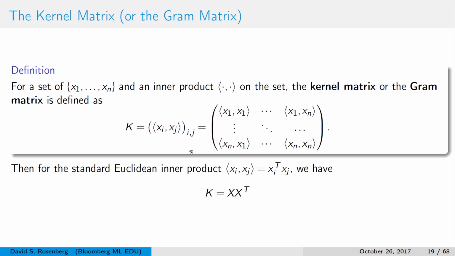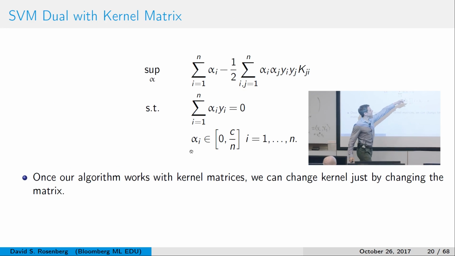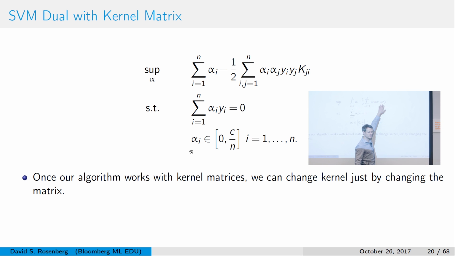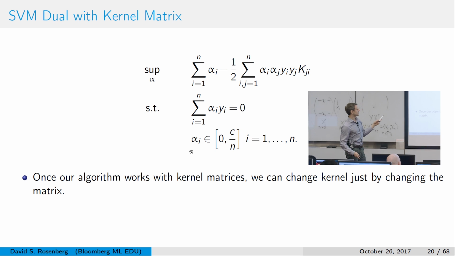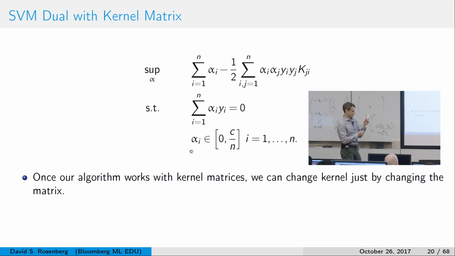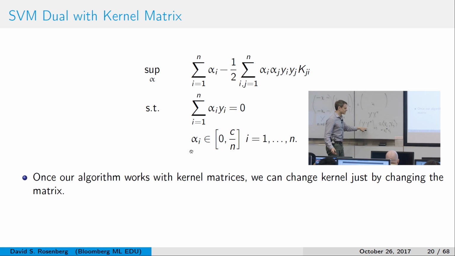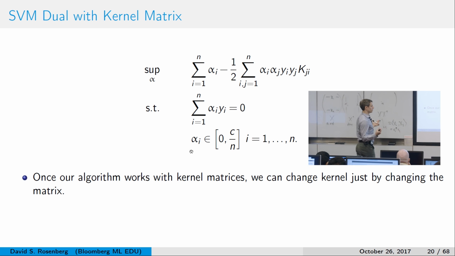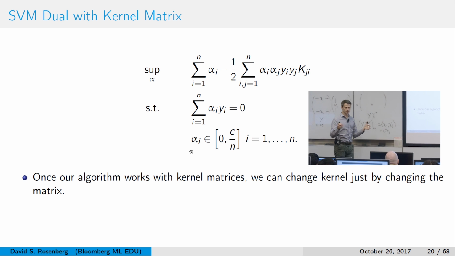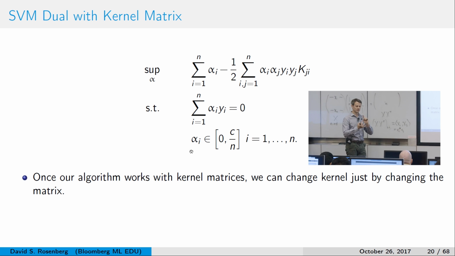So we've defined this kernel matrix, and now we'll just plug it in. Before we had k(xj, xi), now we can just use the matrix entry K_ji, because we defined the matrix to have exactly what we need. What's cool is that here we've defined K to be X X transpose, but we can invent some new featurization and some new inner product and make a new kernel matrix that expresses all the kernel evaluations for the new feature vector and the new inner product.